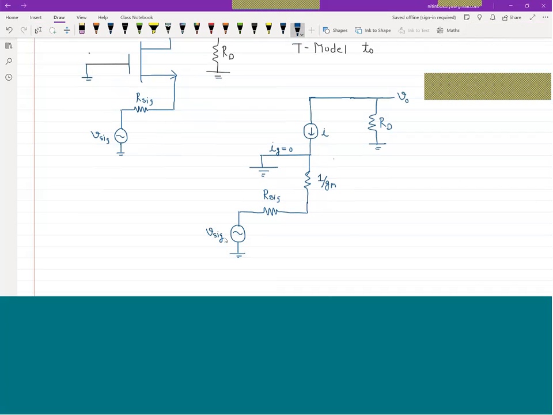This is the total circuit which we want to analyze. So let's see how this circuit will work.